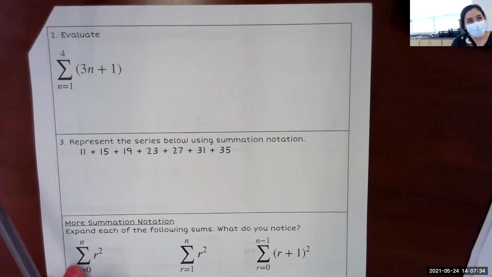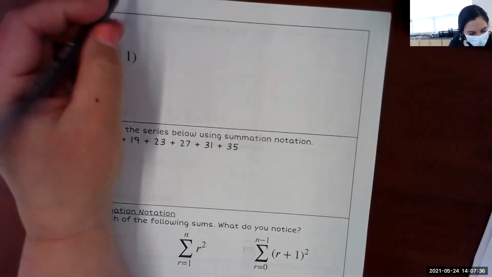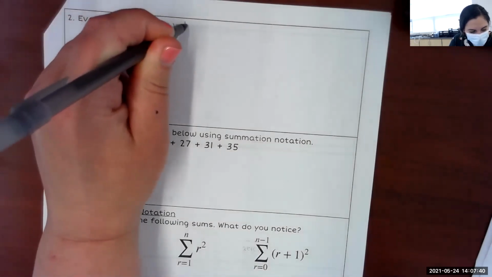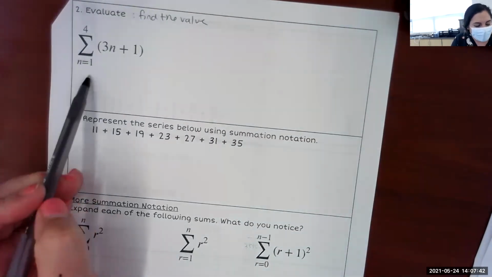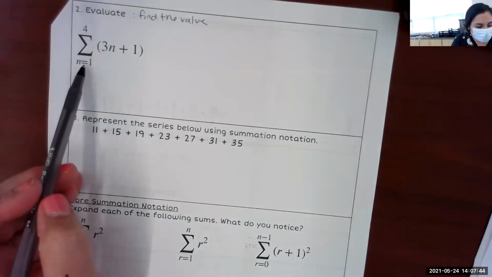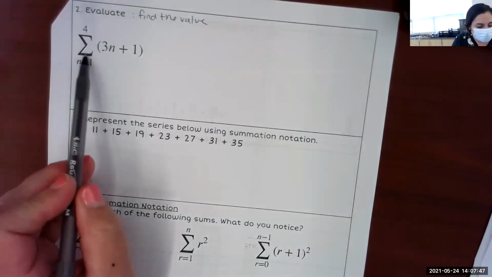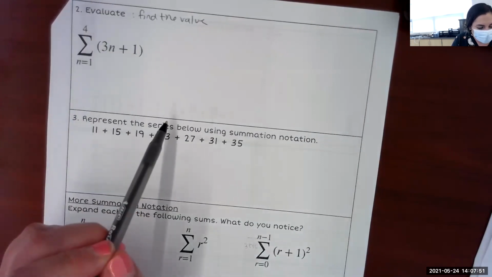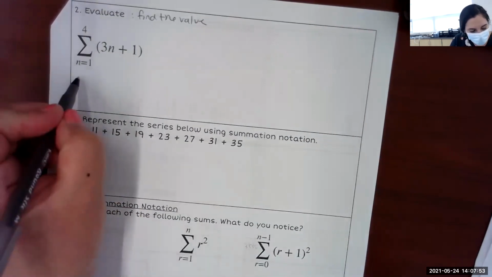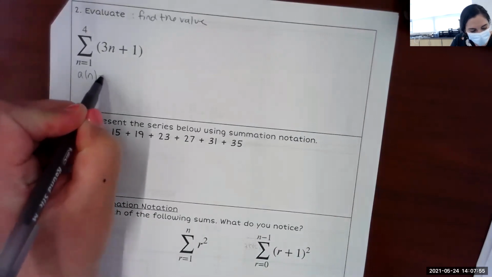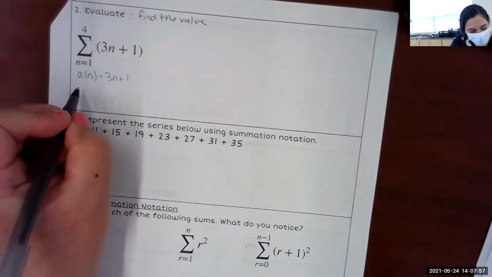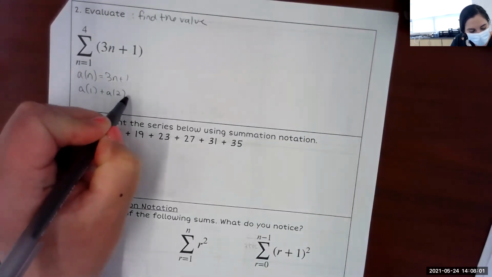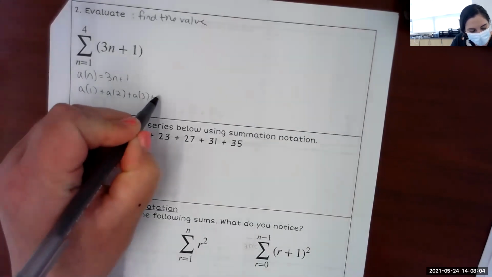All right. So let's evaluate one. Evaluate means find the value. So if we have the sum of the terms of 3n plus 1 from 1 to 4, right? If a of n equals 3n plus 1, that means we need to add a of 1 plus a of 2 plus a of 3 plus a of 4.